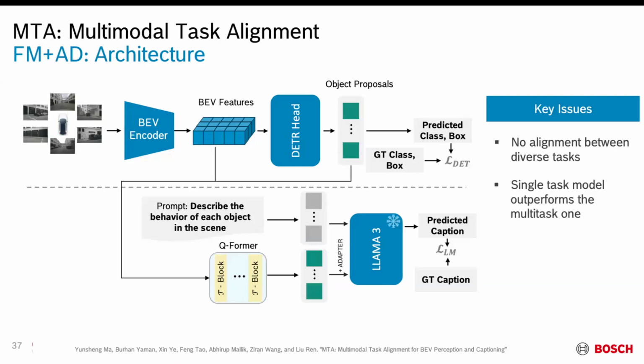The reality is that if you don't have any alignment and just do vanilla training, one of them is going to suffer, especially your object detector. You don't want a model with very low performance that just gives you a caption, because it may cause an accident. You want the best of both worlds.